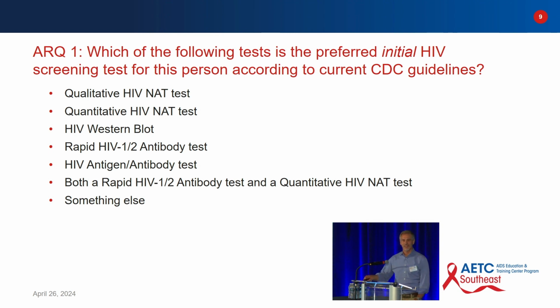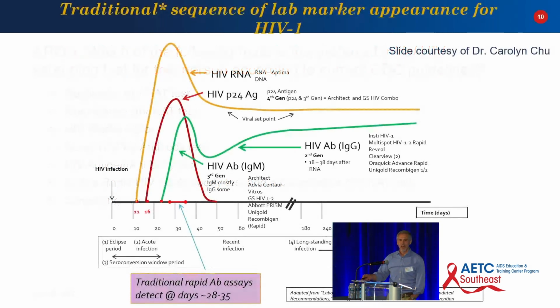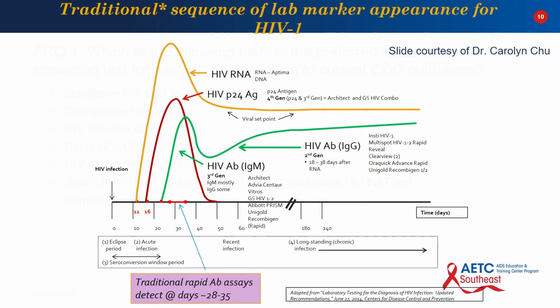So, all right. While we think about that, I think it's really helpful before we go into the current algorithm for HIV testing to review this very well-known figure that describes the traditional sequence of lab marker appearance for HIV-1.